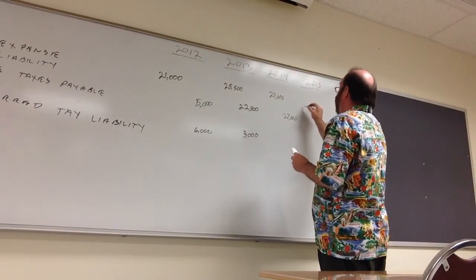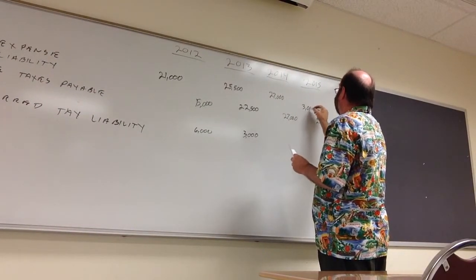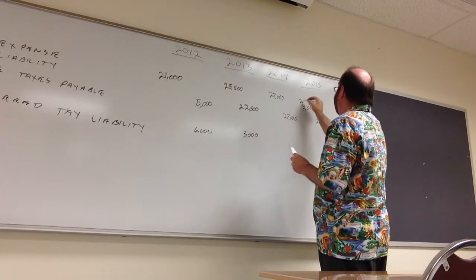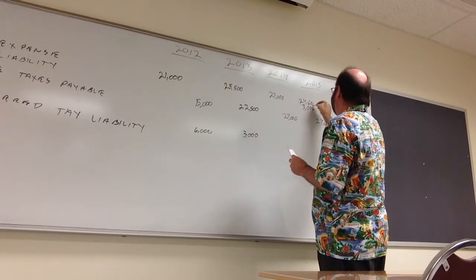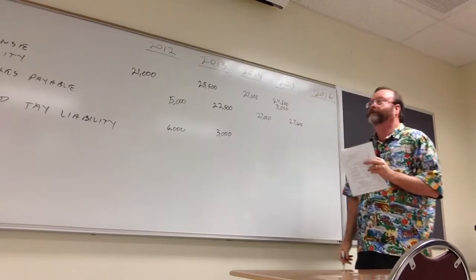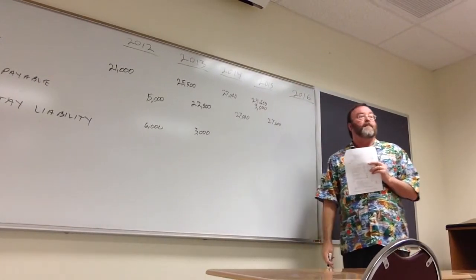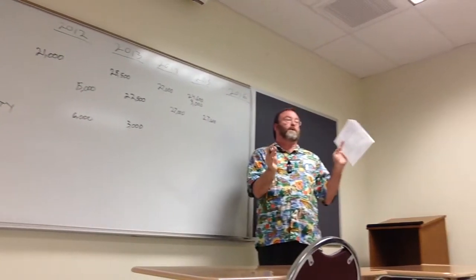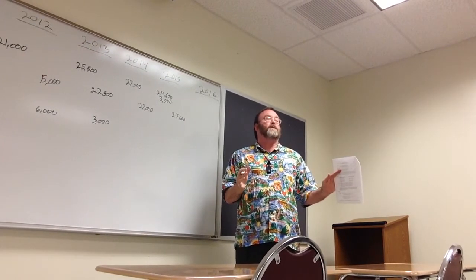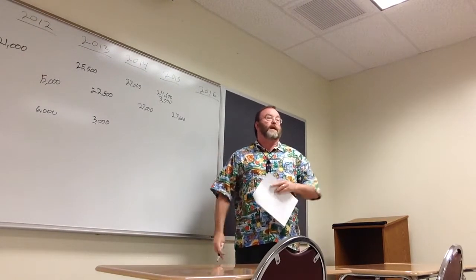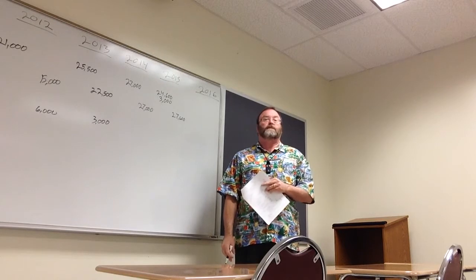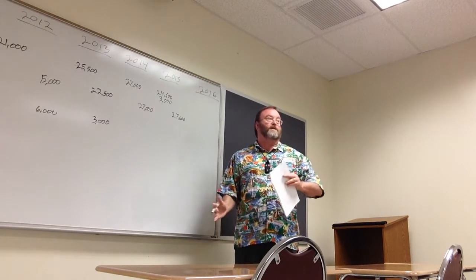So that's $3,000, leaving us with $24,600 as an expense. How did you get that $3,000? The difference between taxable and financial is $10,000 times the 30%. All right, does everyone see how this is working?